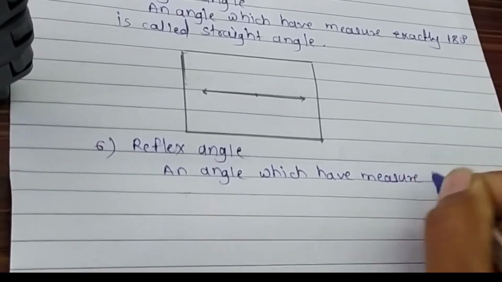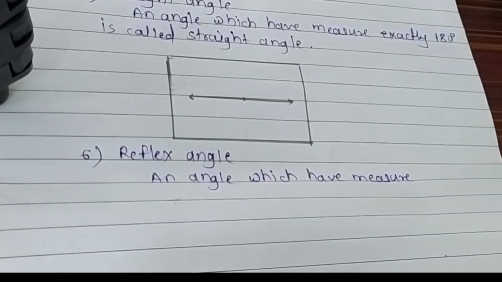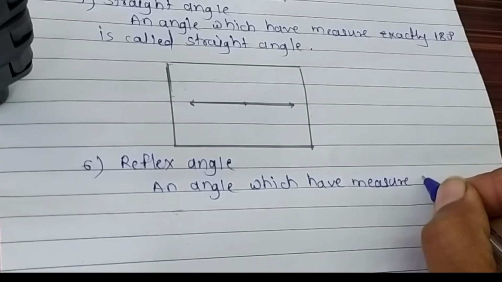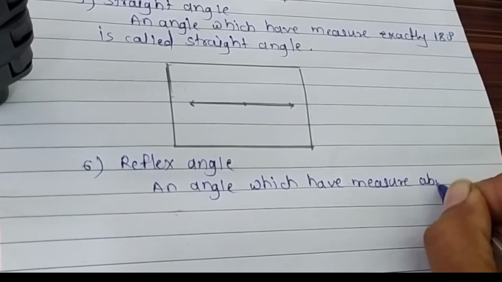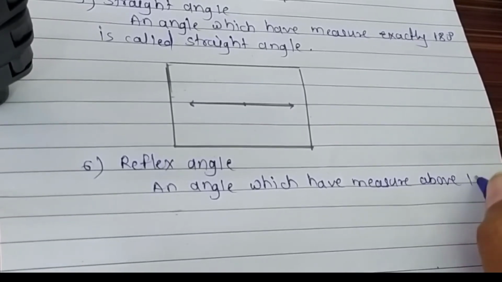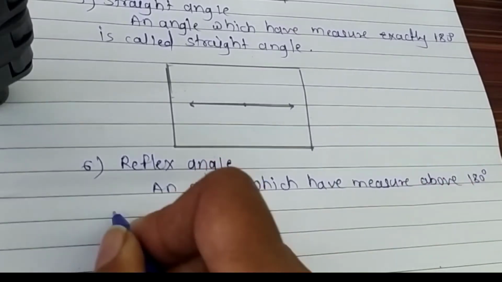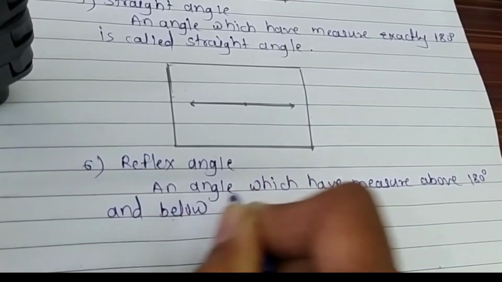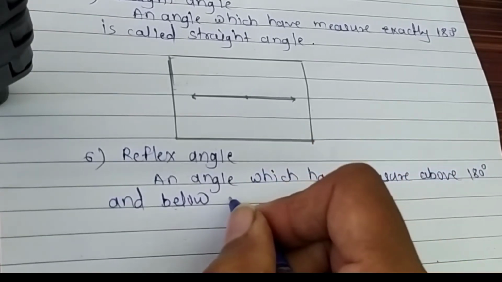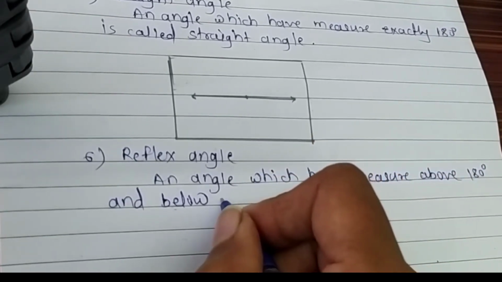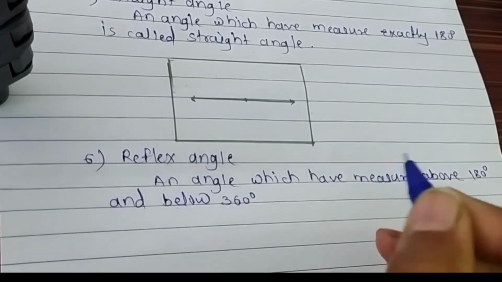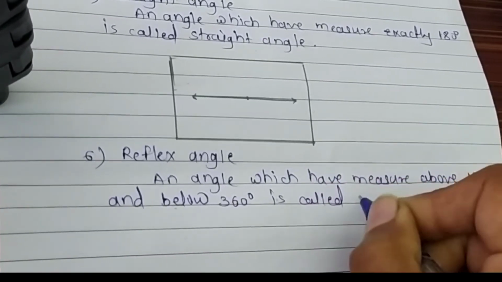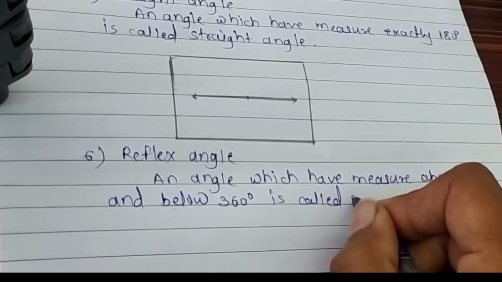You have to remember all these definitions. An angle which has a measure above 180 degree and below 360 degree is called a reflex angle.